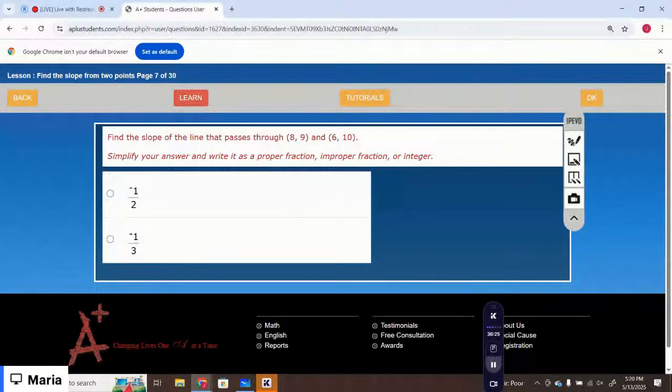Find the slope of the line that passes through 8, 9 and 6, 10. So, which is the correct option? That is negative 1 by 2. Option number 1 is the correct option.